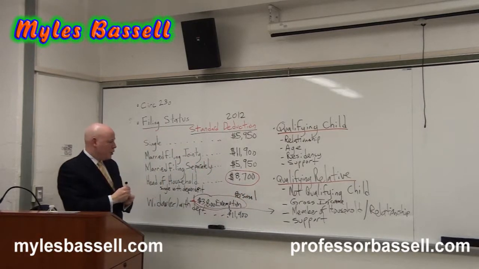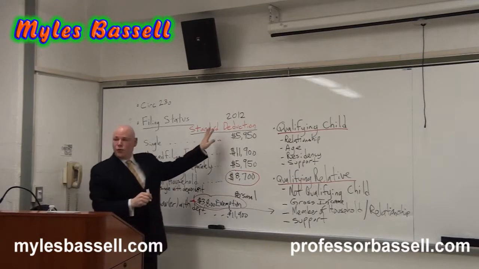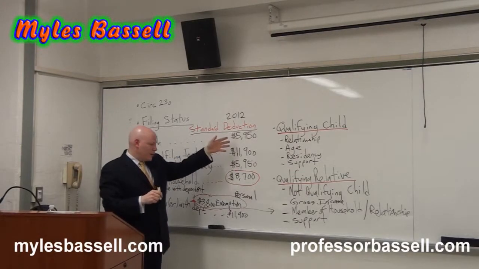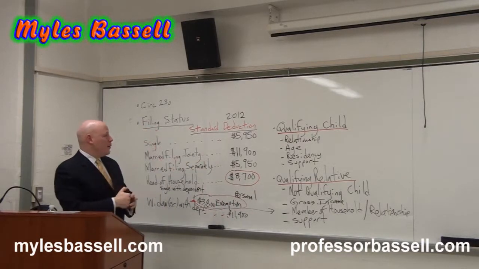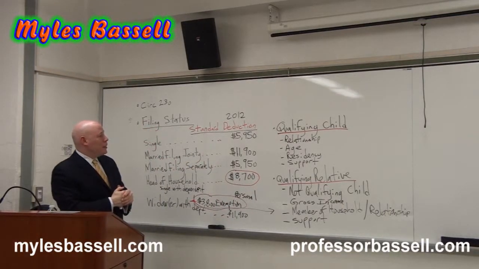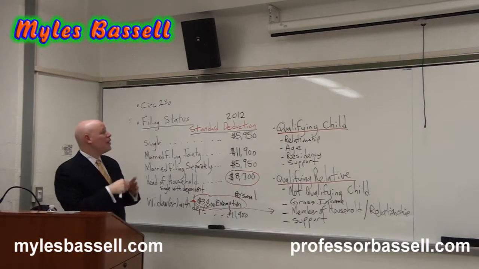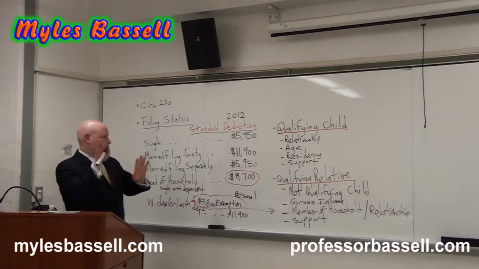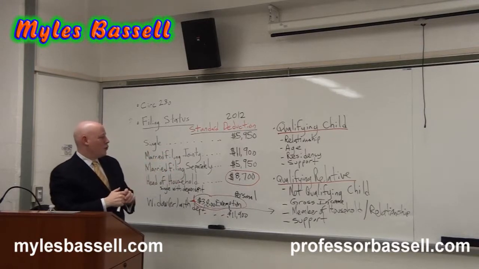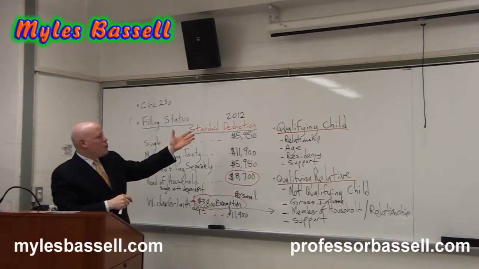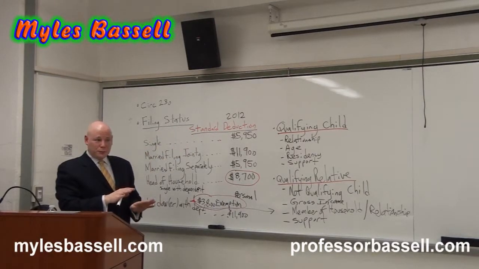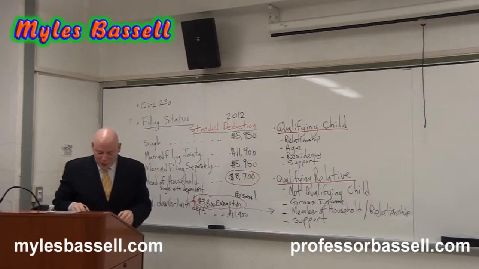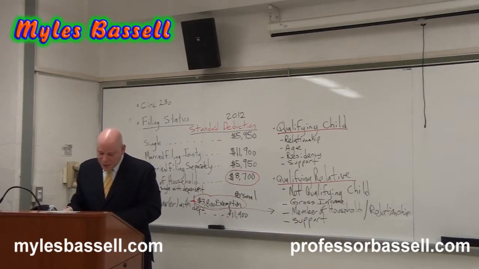Remember, the exemption is separate from the standard deduction or itemized deduction. Then we say, I think we have some dependents in my household, other than my parents, who don't need to be part of our household. It needs to be either a qualifying child or a qualifying relative. Now let's talk about what that is.